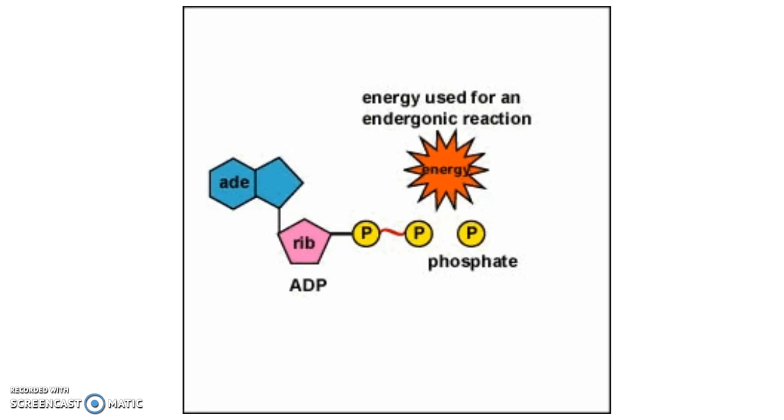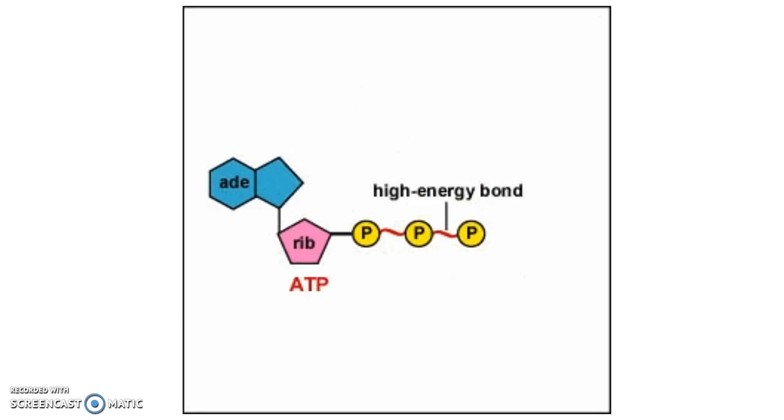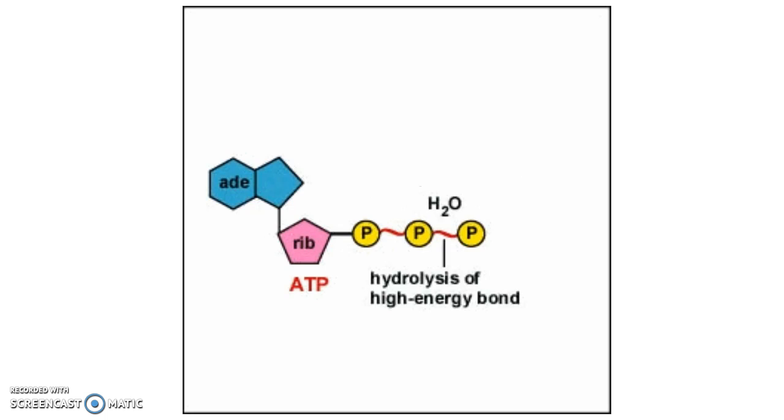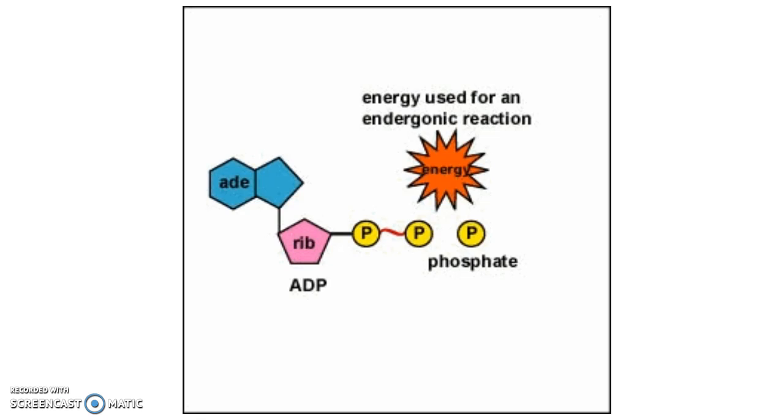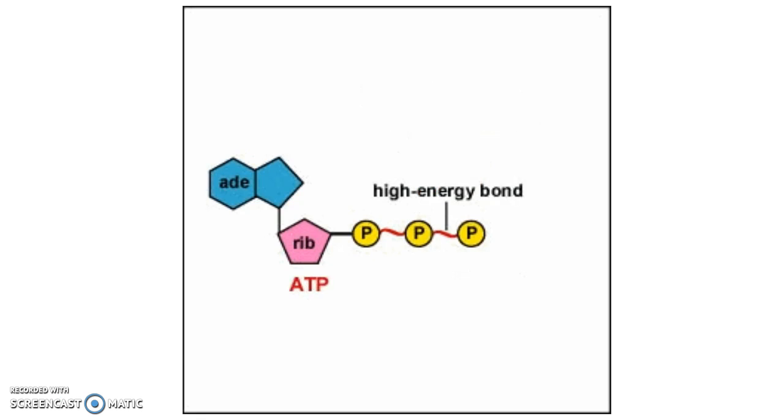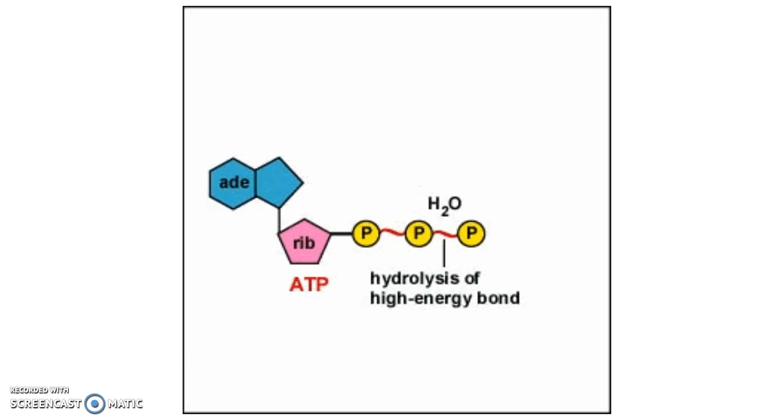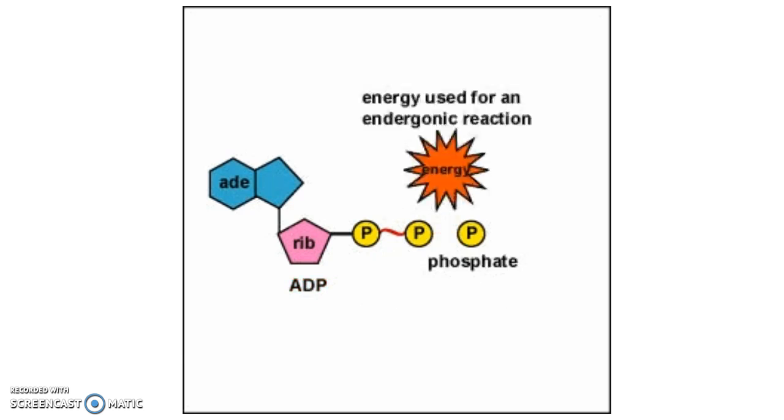This GIF file just kind of loops through a little bit and shows us how that bond between the second and third phosphate group can be hydrolyzed or broken to release that third phosphate group, which would likely be transferred to another molecule to jumpstart some other reaction.